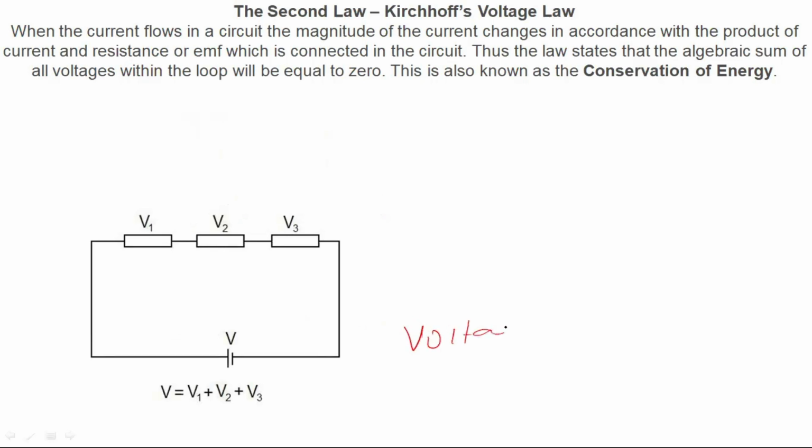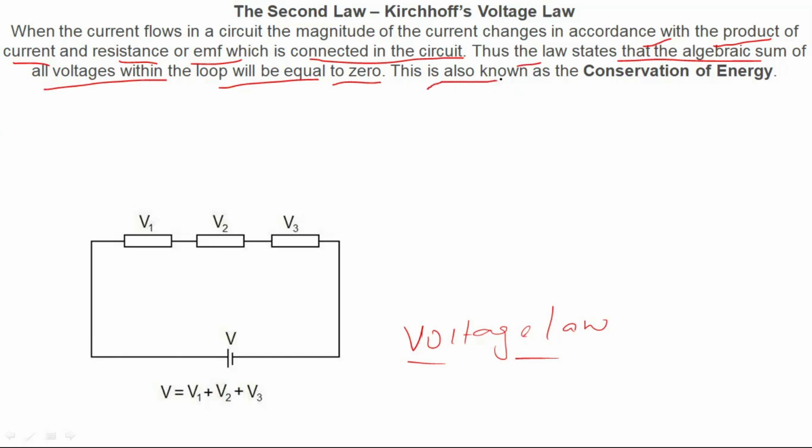When the current flows in a circuit, the magnitude of the voltage changes in accordance with the product of current and resistance or the EMF connected in the circuit. Thus, the law states that the algebraic sum of the voltages within the loop is equal to zero.